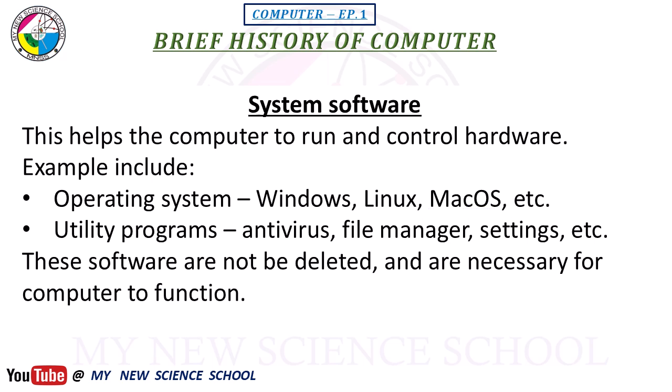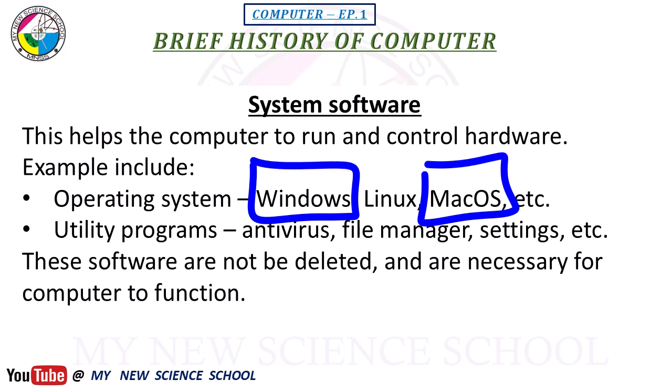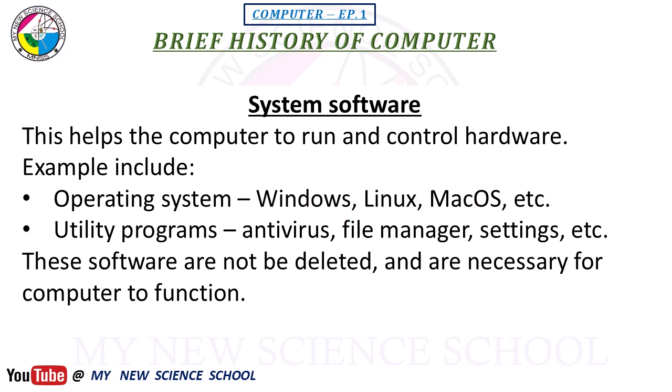So all those computers that are Apple's products are running Mac OS, while Windows are those computers that are not Apple or Linux. What you want to understand here is that for your system to boot, for your system to show you the desktop, you need an operating system. And if you check, the desktop of Windows is different from that of Mac.